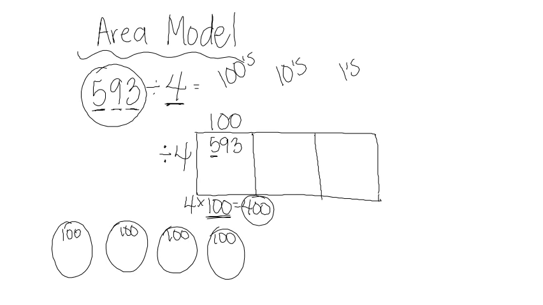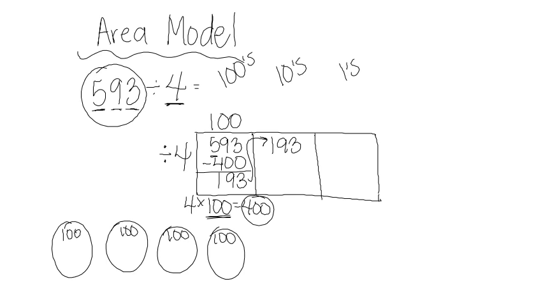That's going to be part of my answer. And I'm going to subtract this 400 because this is how much I have already split into my groups. So when I subtract, I get 193. I am done with hundreds. I'm not going to be subtracting any more hundreds. I'm going to go ahead and bring my number over to the tens column.